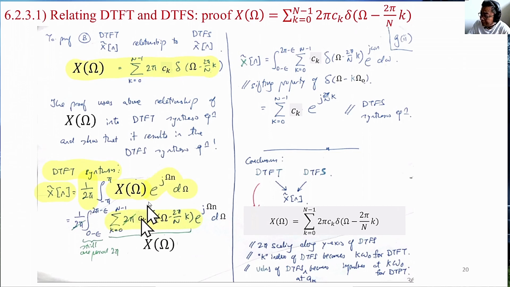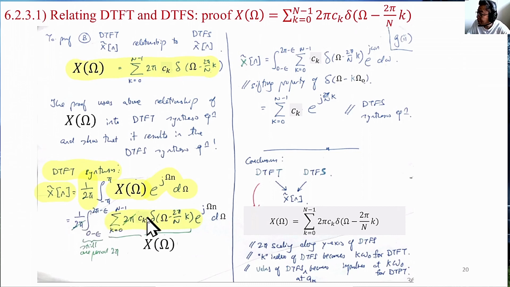Now, the basic idea is that once we have plugged in X of omega into this equation, we can interchange the integration and the summation. We will not prove why this is possible. This is beyond the scope of this book or this course, but let's assume that we can perform this substitution, and we will now be able to cancel the 2 pi's.